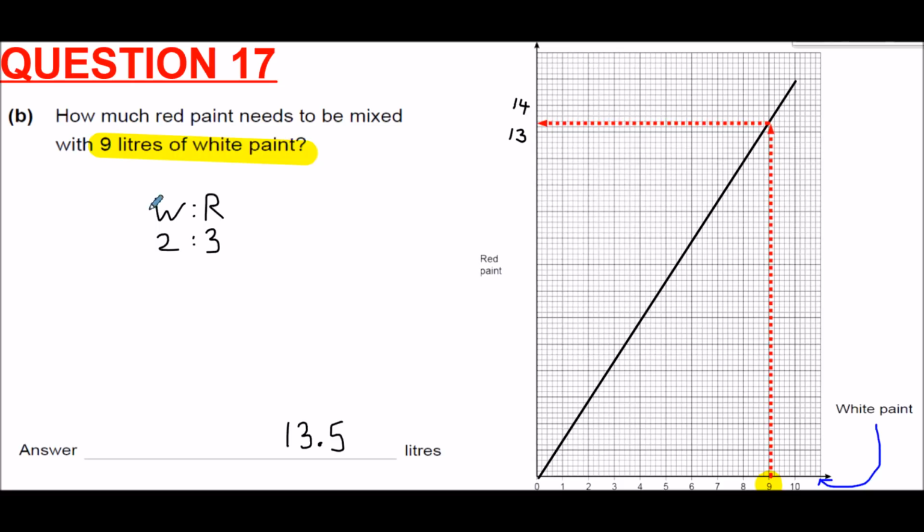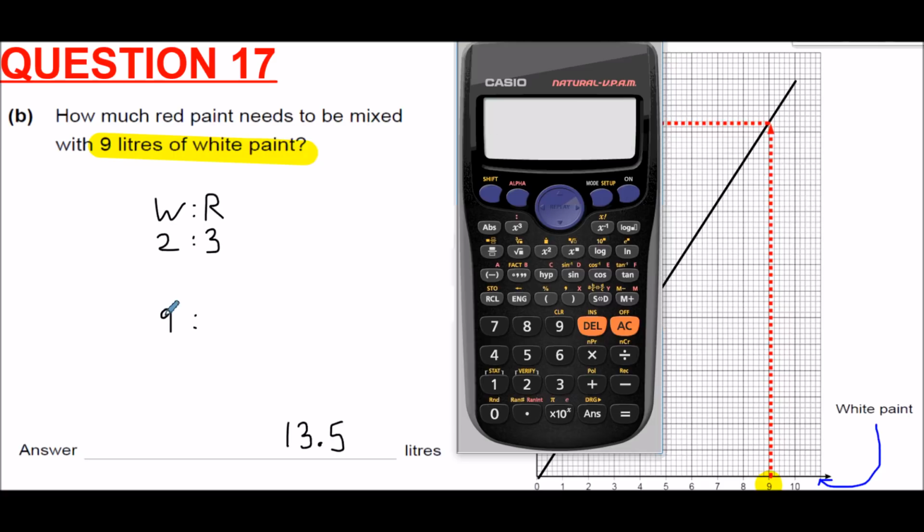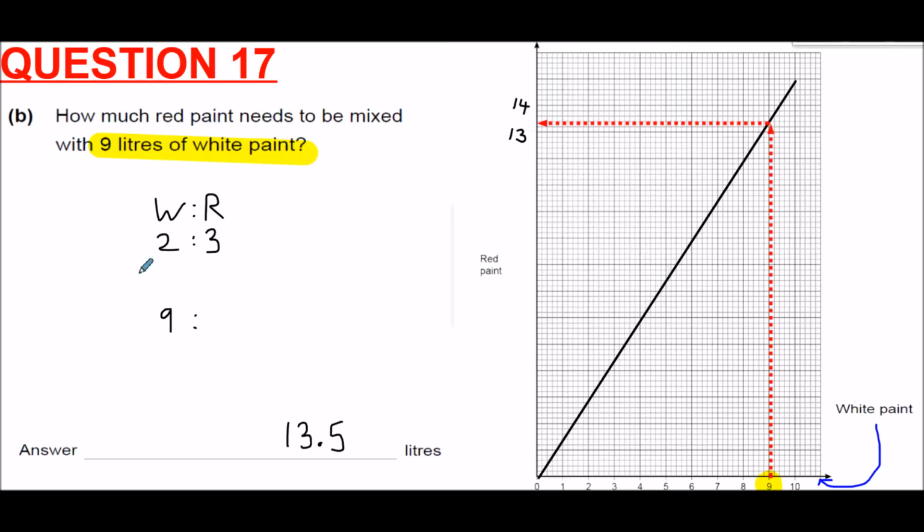And so if we're using 9 litres of white, again, just be thinking, how much bigger is 9 compared to 2? We can do this as a direct calculation by doing 9 divided by 2, which should be 4.5. And so what we're saying here is that this number here is 4.5 times as much as 2.